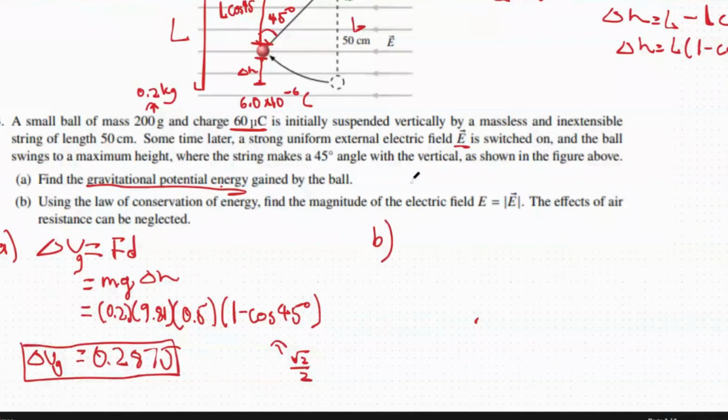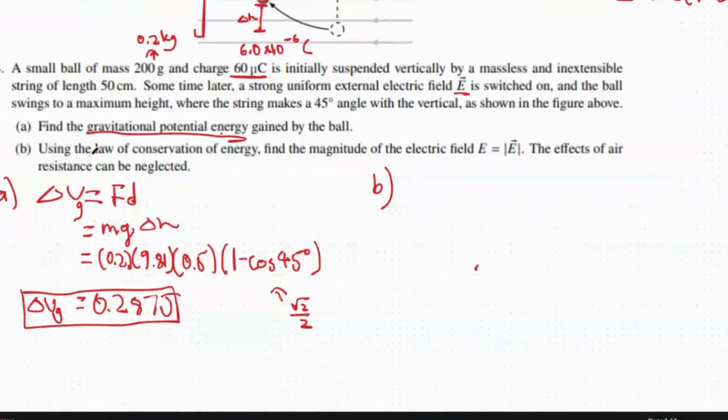Okay, this is pretty straightforward. Part B, using the law of conservation of energy, this should be learned in AP Physics 1. Find the magnitude of the electric field. So we have to find the magnitude, which is the absolute value, and you can ignore air resistance.